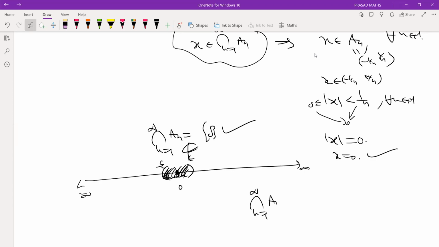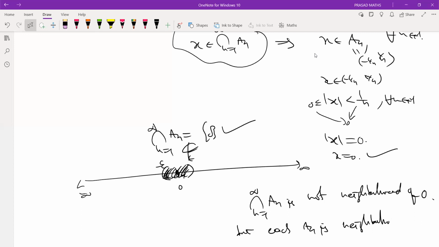This intersection is not a neighborhood of 0, but each A_n is a neighborhood of 0. We have seen that, because each A_n is an open interval. Therefore each A_n is a neighborhood of 0, but the intersection cannot be a neighborhood of 0.